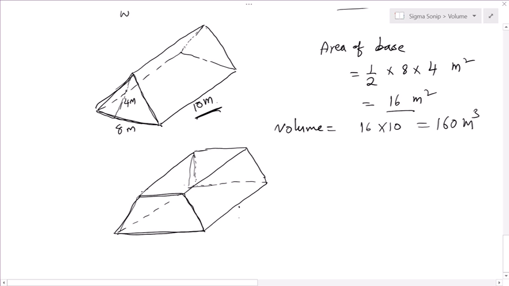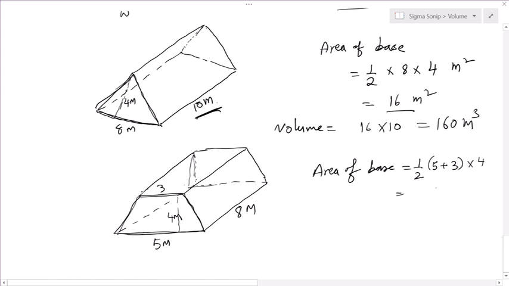Length is say 8 meters. This trapezium has got this side is 5 meters, this side is 3 meters, and the distance here is 4 meters. So first you need to find the area of the trapezium, and we already know how to find that. This is the base here, so area of base, if you remember the formula for the area of a trapezium, it is half a plus b, which are the parallel sides, times the distance between them.